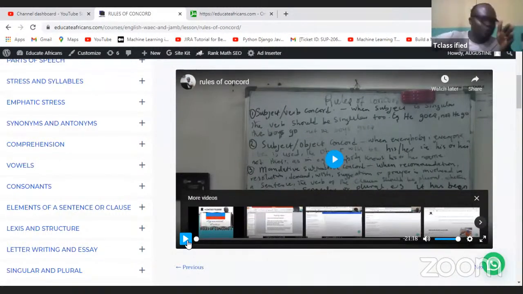And like I told you, how you identify singular verbs: they are verbs that have es or s. It's unlike normal nouns, where the singular does not have es or s, whereas the plural can have s and es. The reverse is the case for verbs. So the rule says that when the subject is singular, the verb should also be singular.